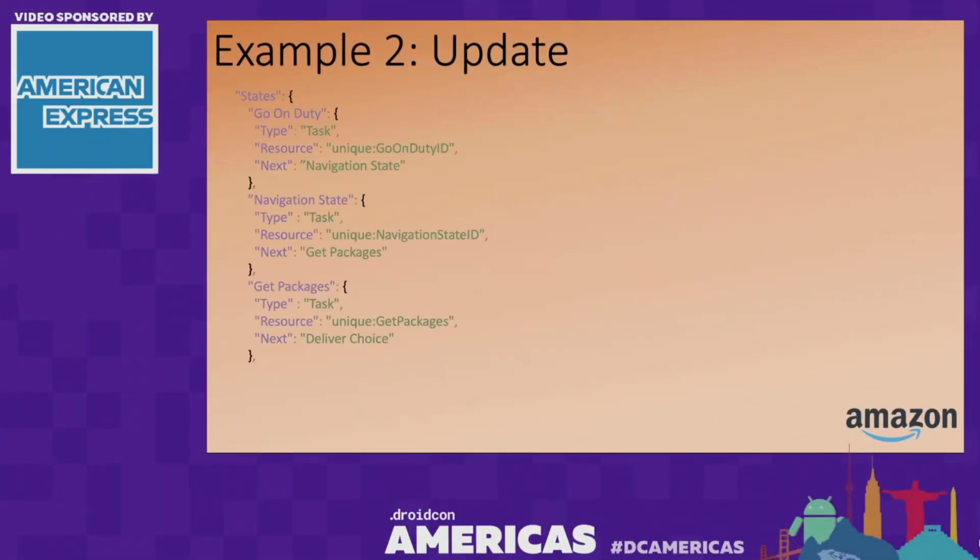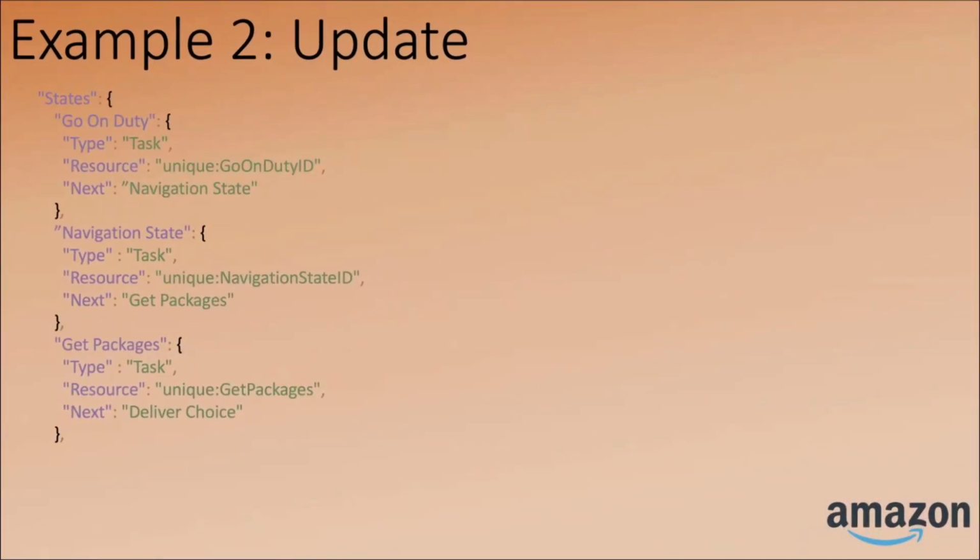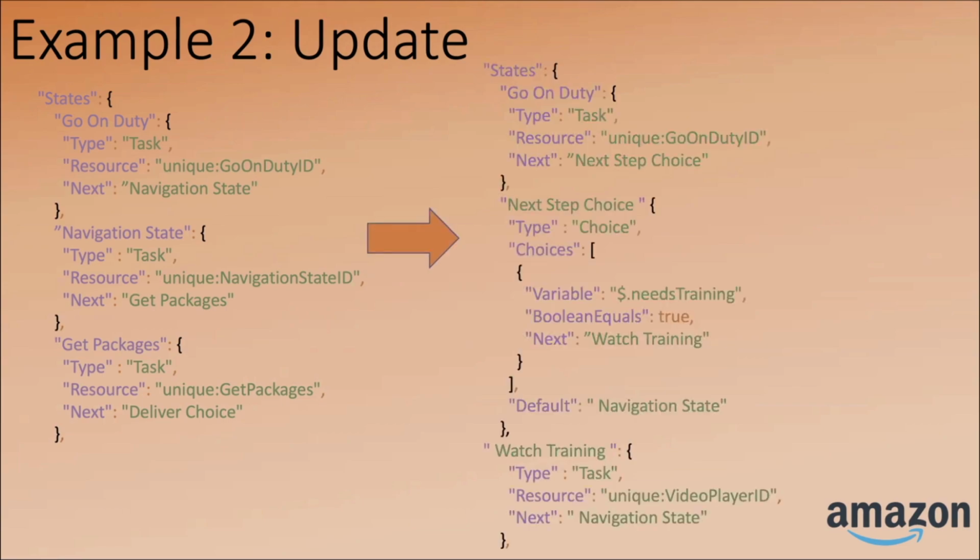I don't know. They need a little more training. We want to now introduce a training step into this. So previously we had these particular 3 steps that we started off with. You had your go on duty, drive to get your packages, and then start your delivery. And we want to put in here this new step.